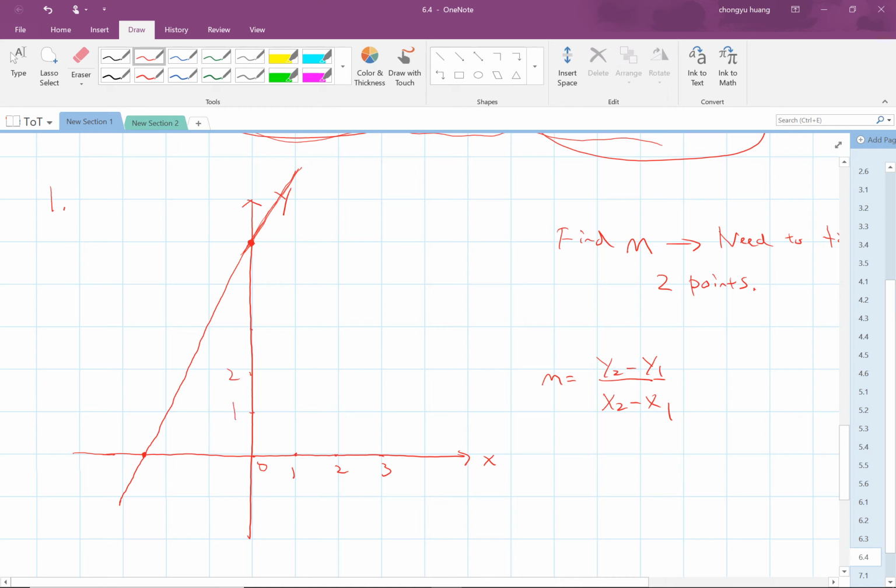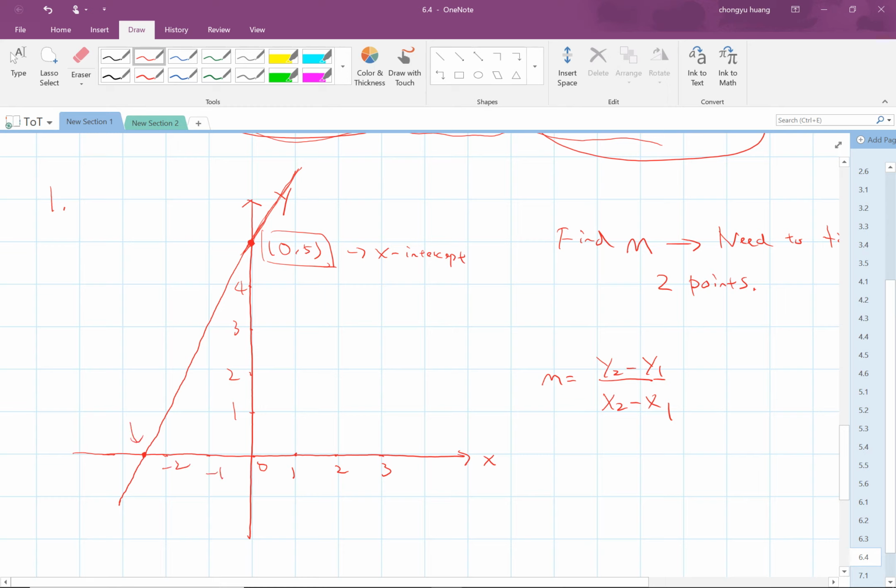Okay, so let's label the graph. As you can see over here we got a y-intercept, which is 0, 5. Sorry, this one is actually the x-intercept, and here is -1, and here is -2.